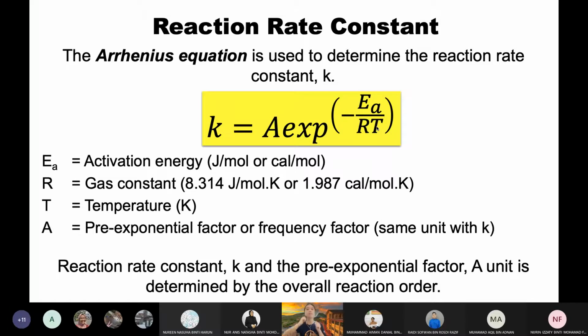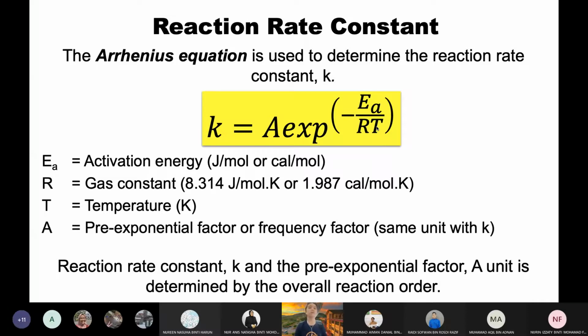Okay. Before this, you have learned gas constant kan? Masa kita belajar pasal ideal gas law, nak cari the concentration of A, CA0, you have seen the gas constant. That gas constant, the R value, is for the ideal gas law. Kamu tahu kan R ada banyak value? R got different value depending on the unit. The one that you learn are 8.3144, apa lagi kamu belajar? One something, the numbers, that one is for the ideal gas law.